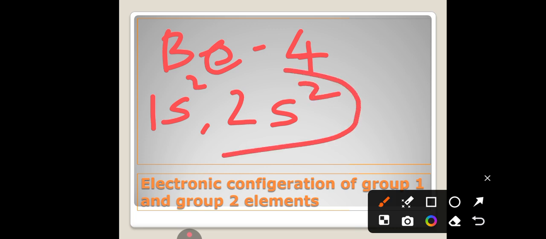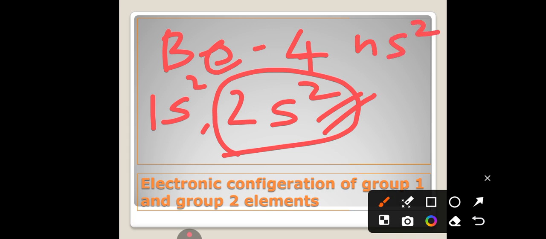Here if we observe carefully, 2s is the valence orbital of beryllium, and the number of electrons in the valence orbital is 2. That's why the general formula for group 2 elements is ns2. Here n is the principal quantum number, in this case it's 2, and s is the orbital, and superscript 2 refers to the number of electrons.